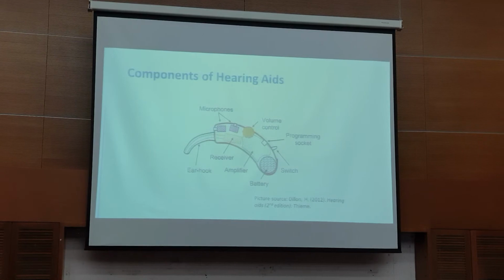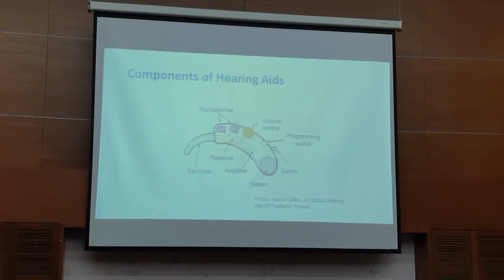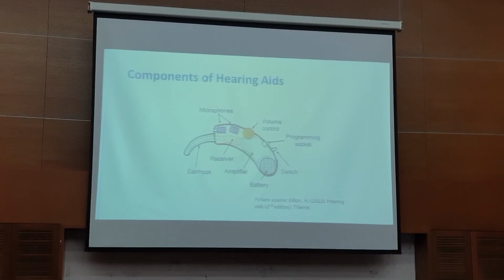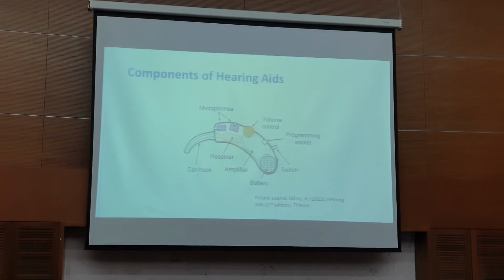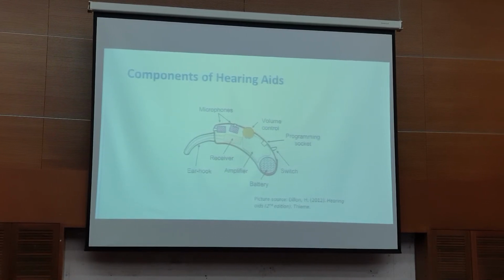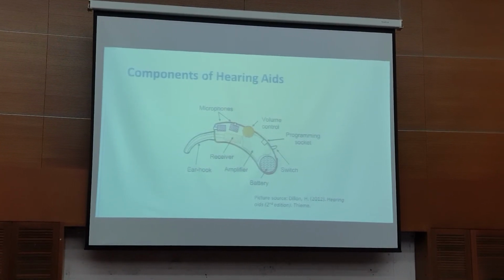Sekarang ni ada macam-macam teknologi, orang kata noise cancelling, apa semua, try to reduce the noise. Tapi if you understand, kita panggil macam auditory filters dekat dalam cochlea tu, once it's already broad, it's not like the very sharp tuning curve kita punya, noise pun masuk dalam filters tu. So instead of just the speech sounds yang kita nak dengar, dia masuk juga noise kat dalam tu. So it's very hard.